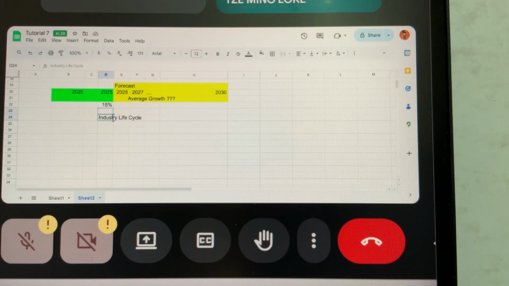But you have to synchronize these two, your industry life cycle together with what you calculated, and come up with a number for the average growth that can be applied for the so-called foreseeable future lah. Not necessarily until 2030. That's what we are trying to do.